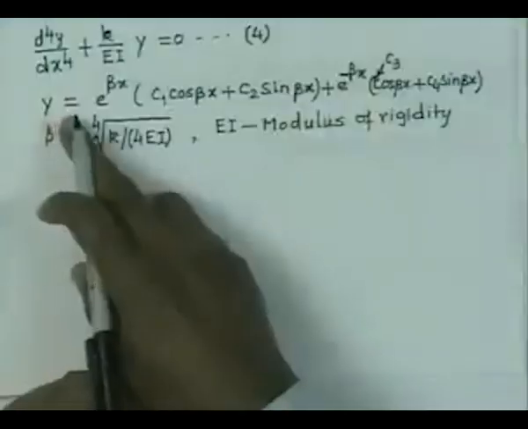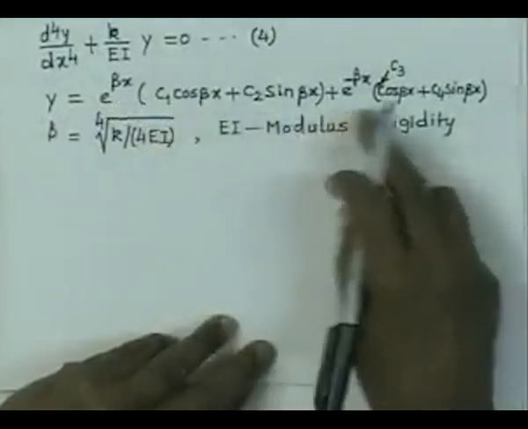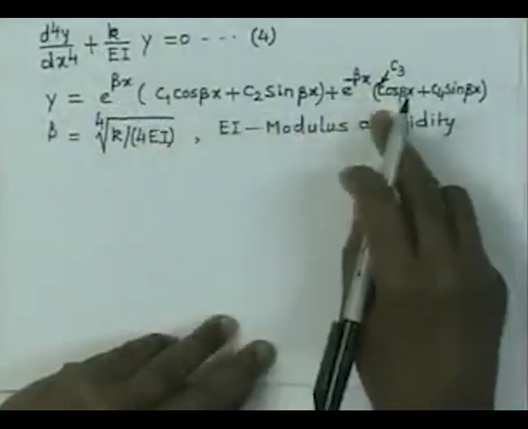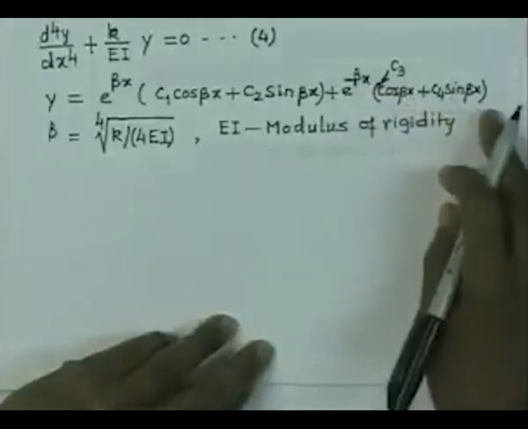So, with increasing x, your deflection must die out, and if you see the solution that we had obtained here, it shows y equal to e to the power beta x C1 cosine beta x C2 sin beta x plus e to the power minus beta x into C3 cos beta x plus C4 sin beta x.